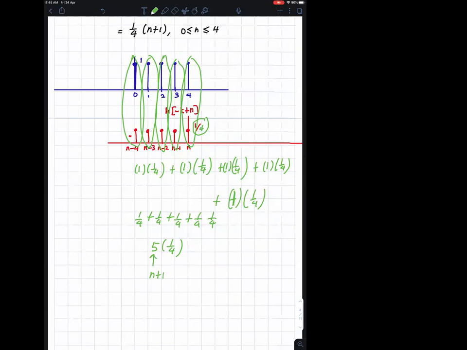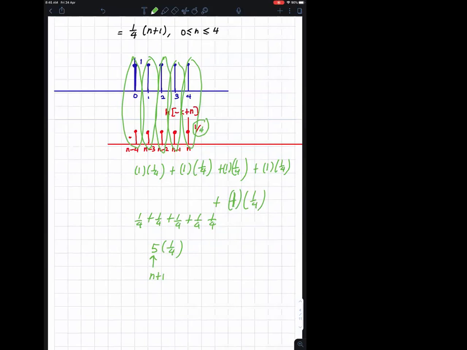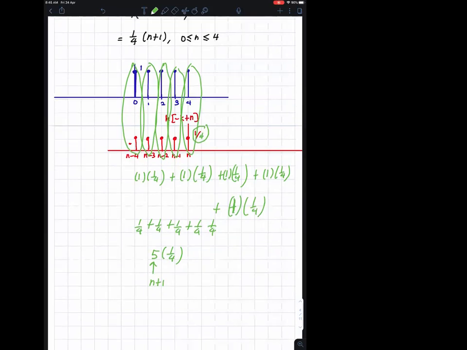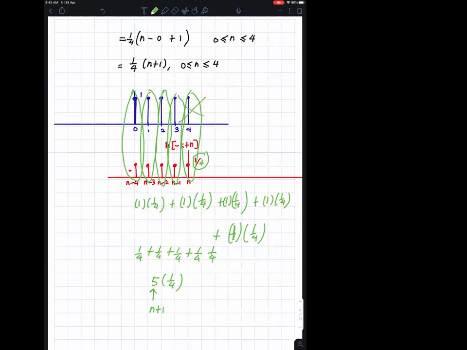Oh, okay, sir. So if you don't add 1, you are losing one of them. So that's a short way of calculating. Instead of calculating one by one, you take the upper limit, in this case 4, and subtract the lower limit, you get 4, and then 4 multiplied by 1/4.